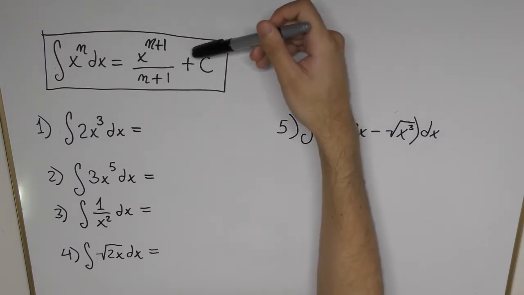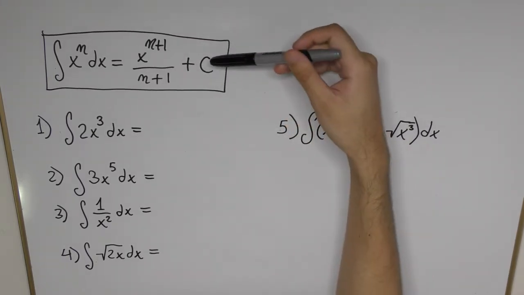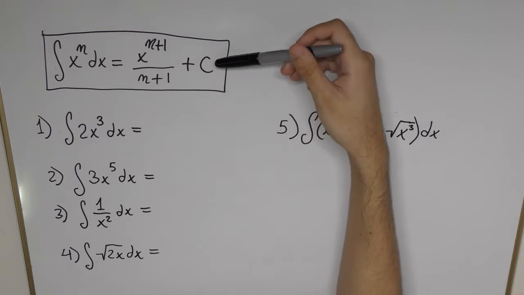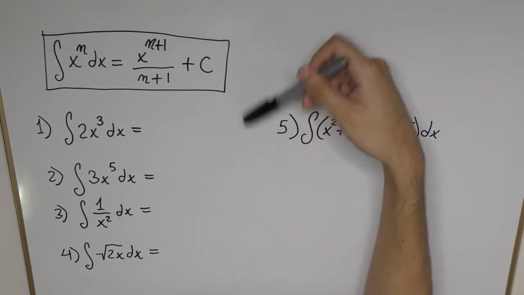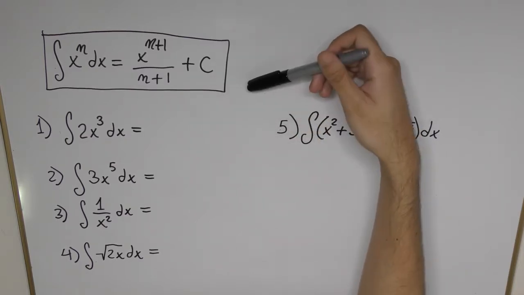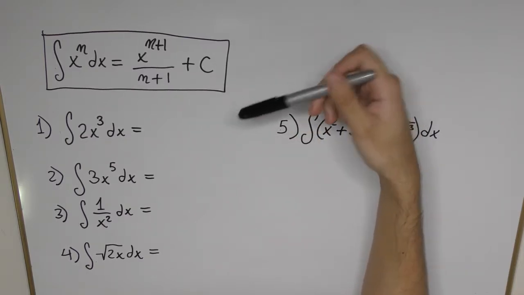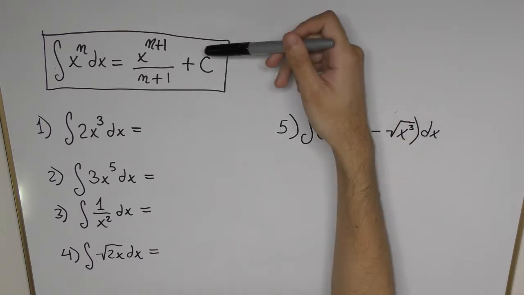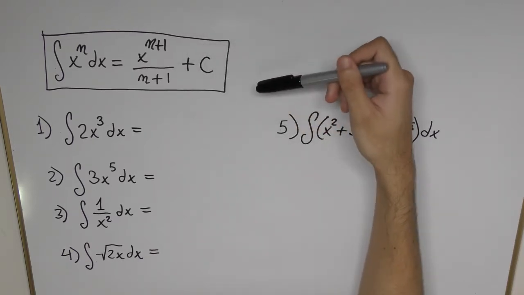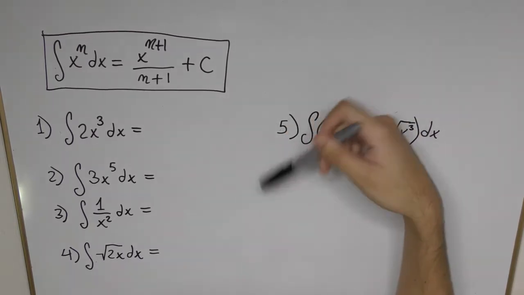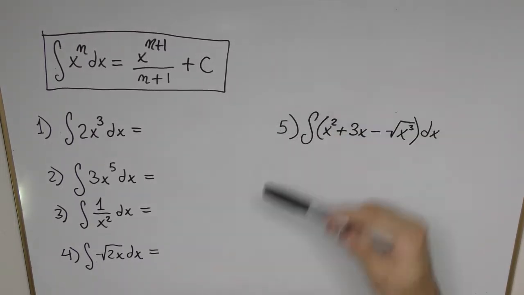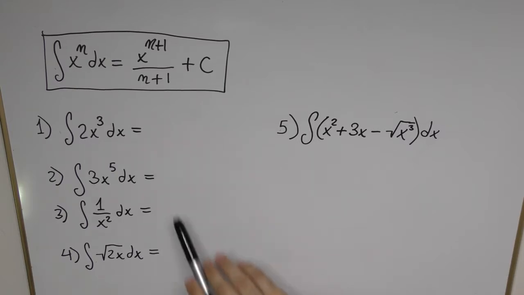We also discussed how we need to add an arbitrary constant of integration c, because when we take the derivative of a function, we can take any function and shift it along the y-axis, and the derivative is still going to look the same. So this arbitrary constant c makes sure that we account for any function regardless of its position along the y-axis. Now we're going to take this formula and apply it to a few simple examples.